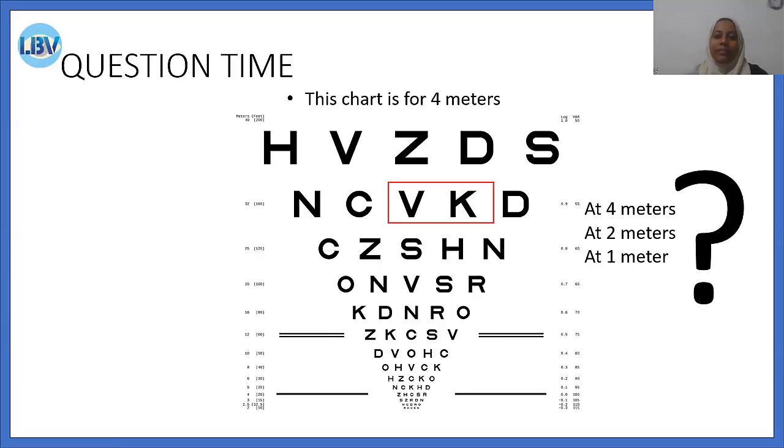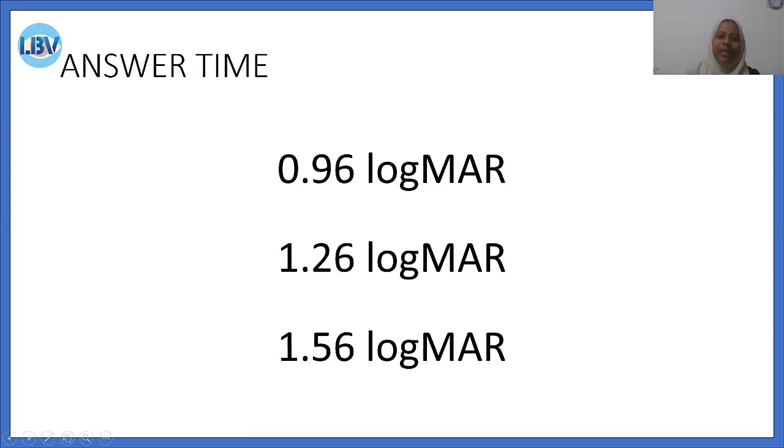Many of you have answered correctly, many of you have answered the first part correctly. So let us see the answer now. For 4 meter, the visual acuity will be 0.96 logMAR. For 2 meter, it will be 1.26 logMAR. And for 1 meter, it will be 1.6 logMAR.